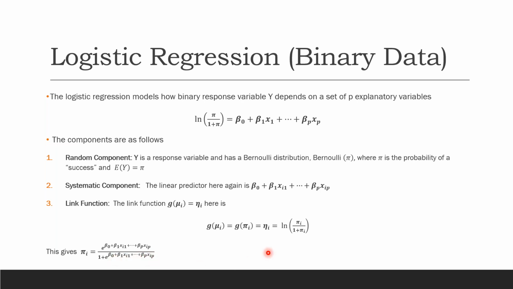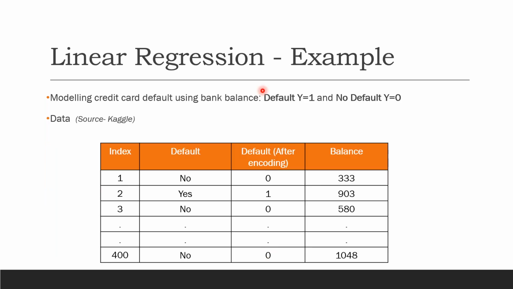So looking at an example of logistic regression, apologies, I should say logistic regression. What we want to model is default of credit cards based on the bank balance. So when somebody defaults, our variable y would take the value 1, and 0 if they don't default, right?